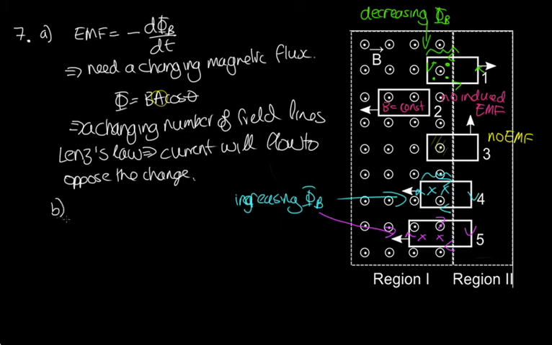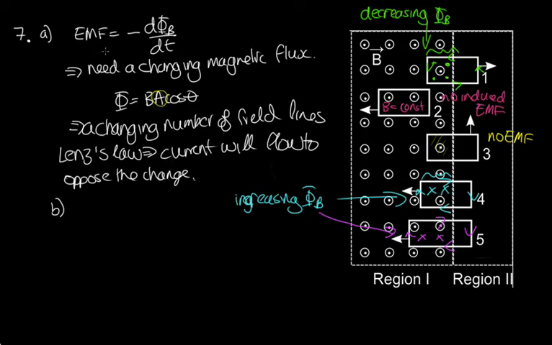Part B, rank the magnitude of the EMFs around the loop. Explain your reasoning. Well, we've said that some of them have 0. 2 and 3 have 0. Now to rank the EMFs around the loop, what's changing is the area of the loop within the magnetic field.